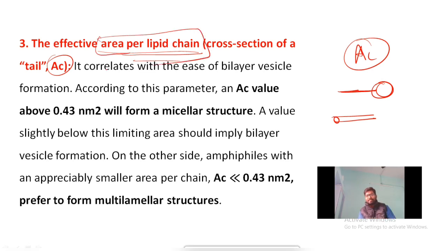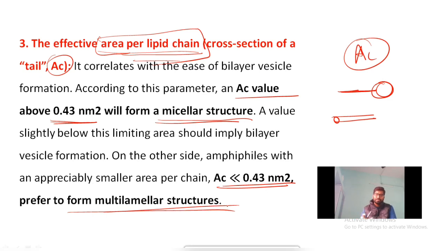In different studies it has been found that the AC value above 0.43 millimeter square helps to form micellar structure, and the AC value less than 0.43 millimeter square prefers to form multilamellar structures. Again these are the theoretical portions, theoretical data, and the references are already added.